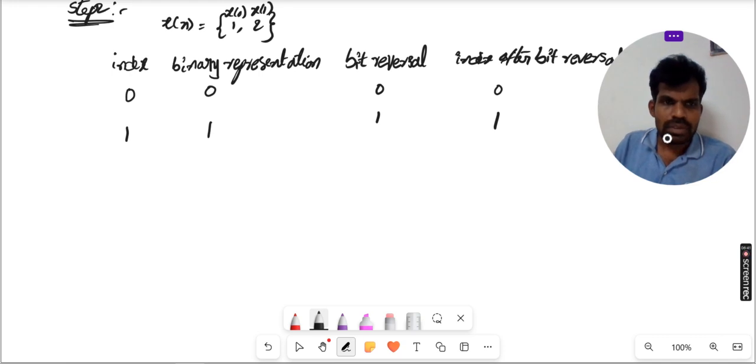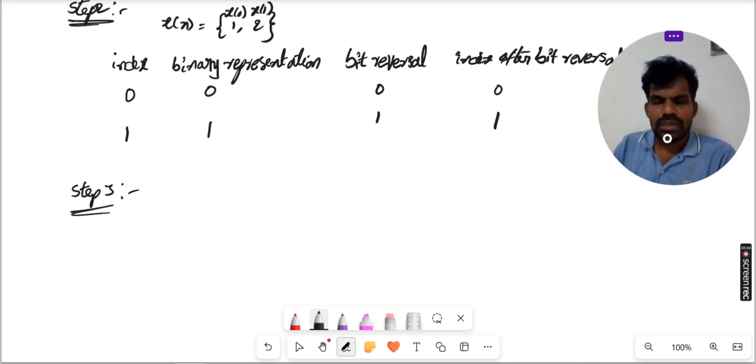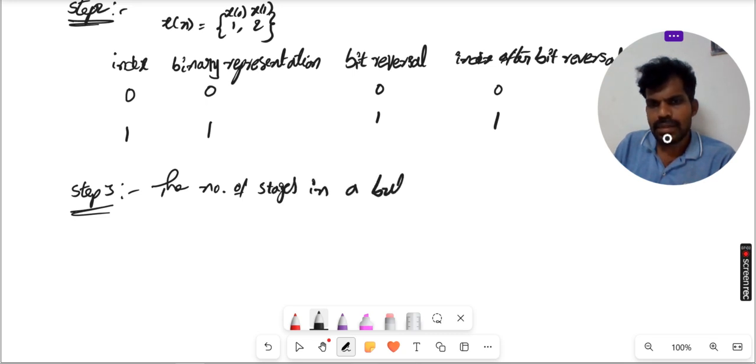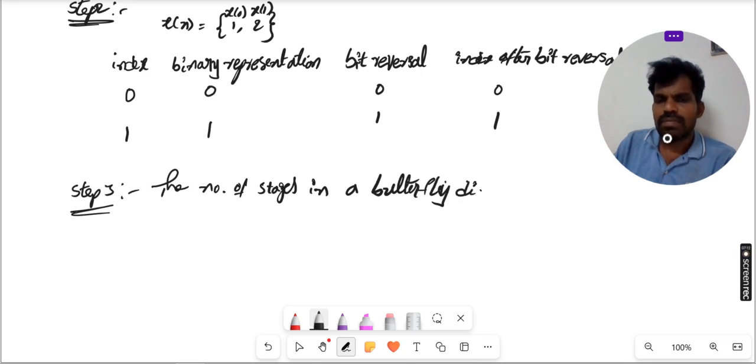Now step 3. What is step 3? Number of stages in a butterfly diagram. What is the formula to find the number of stages?